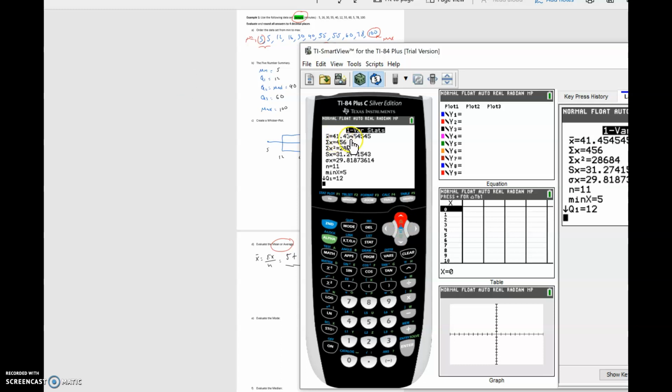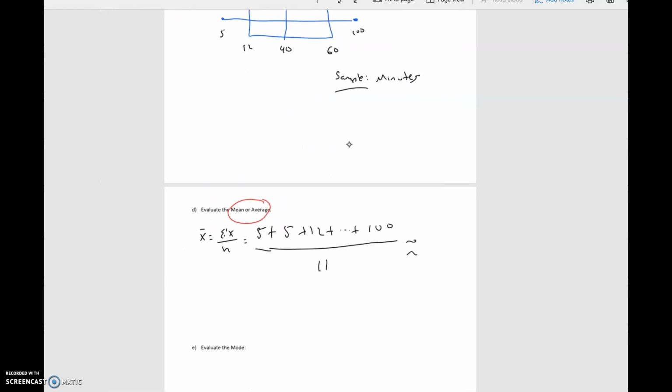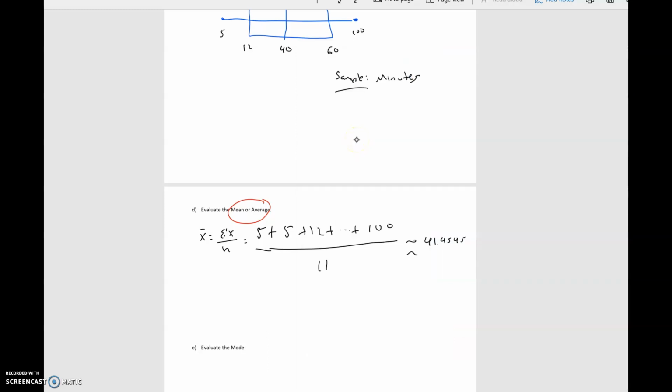So you technically have that value as your mean, and they want us to have 4 decimal places. So in this case, your mean is approximately 41.4545, and we're running to 1, 2, 3, 4 decimal places.